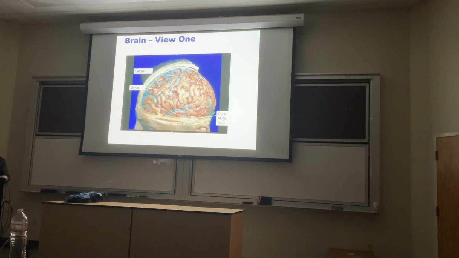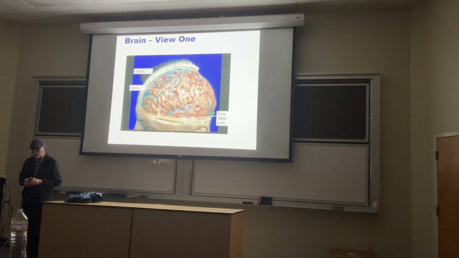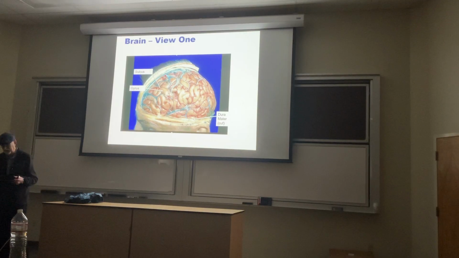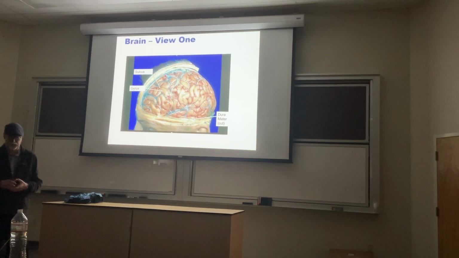We need to protect the brain structure, so we have the scalp, we have the skull bones, and then we have the three meninges. The three meninges are membranes that surround both the brain and the spinal cord. They're protective in nature. They hold the structures together and are also protective.